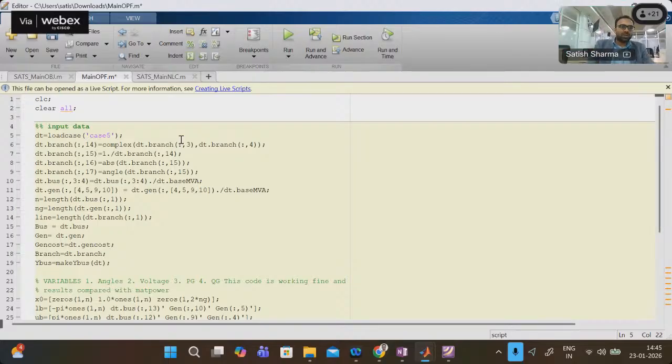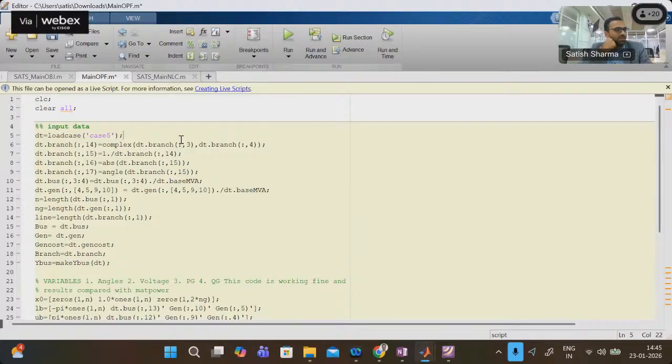First of all, if we look at this particular code, I have already written it down, and I have done some calculations here. I asked you to convert everything into per unit and verify whether the solution is right or wrong. So first of all, let's talk about how we are going to verify whether our solution is right or wrong.